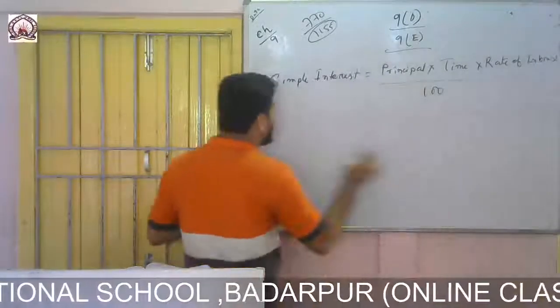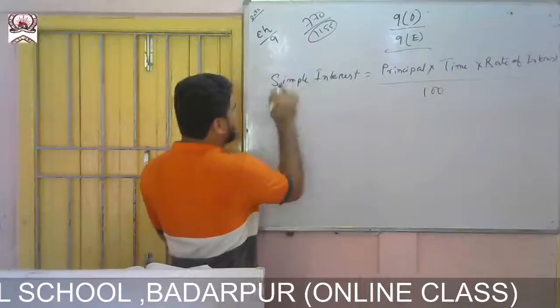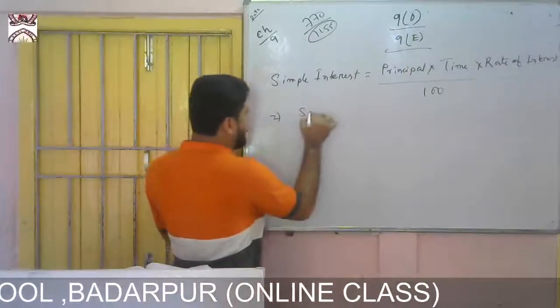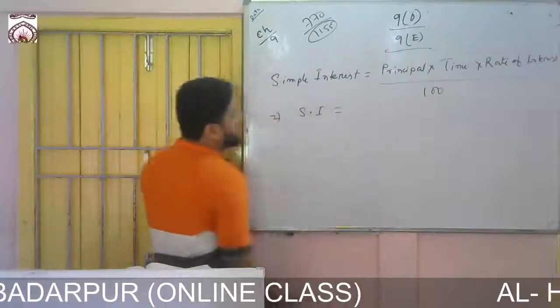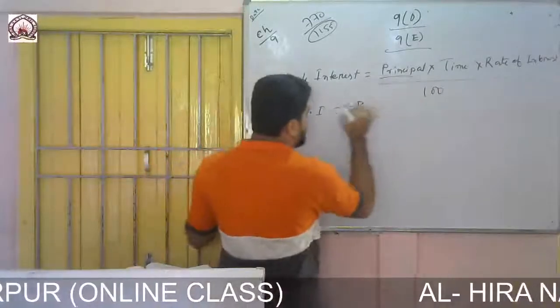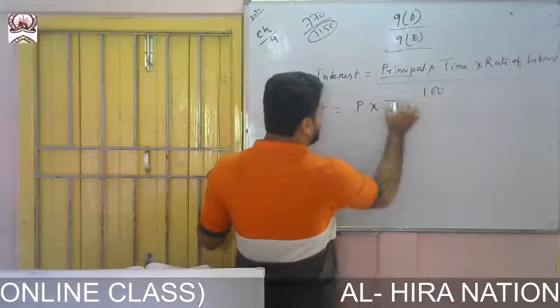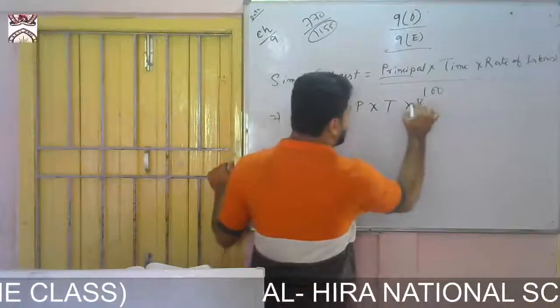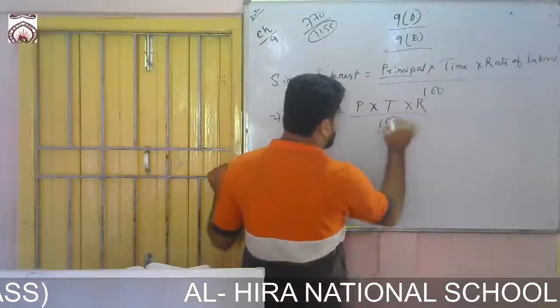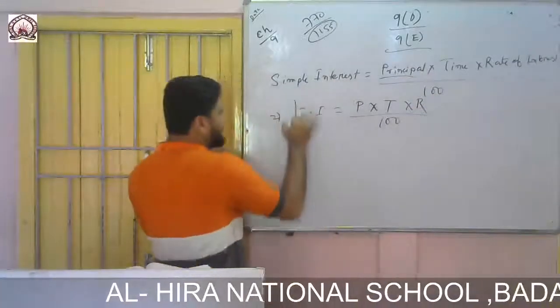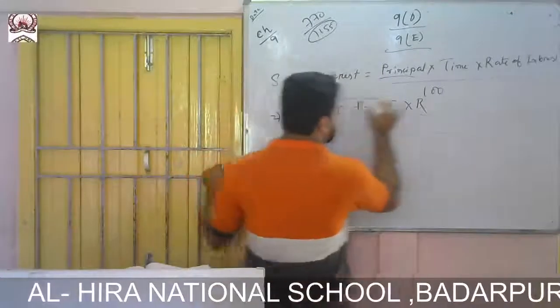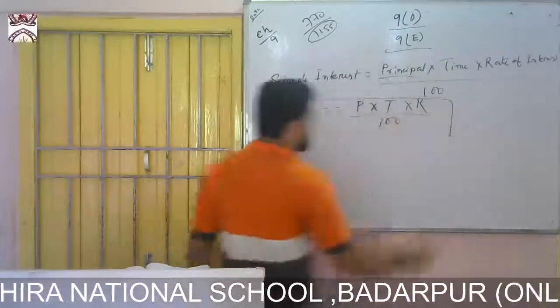So simply you can write: SI equals P for principal, T for time, and R for rate of interest, divided by 100. We will be using this formula in this exercise to solve the problems.